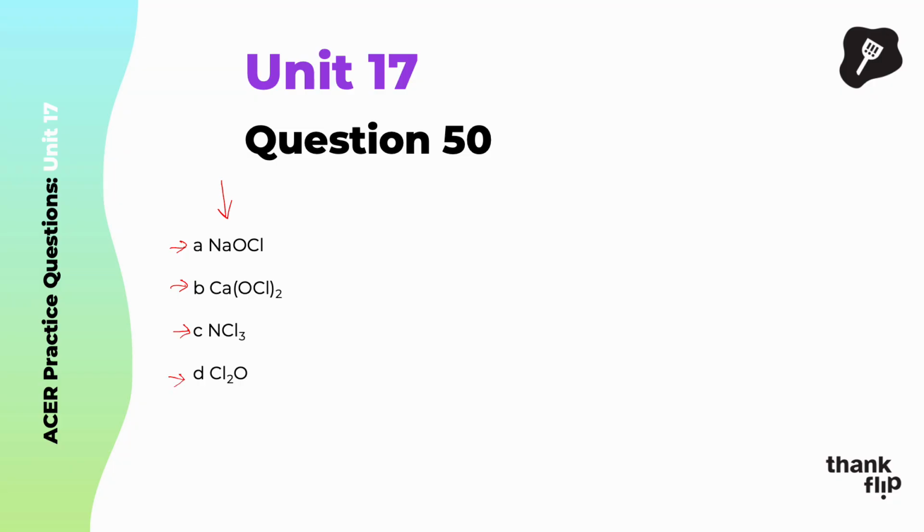So let's start off with NaOCl. That's going to be a 1-to-1 ratio of OCl. So now we just have to figure out the number of moles in 1 kilogram, which is 1,000 grams, of NaOCl. We're given the molecular masses: 23 for sodium, 16 for oxygen, and 35.5 for chlorine.